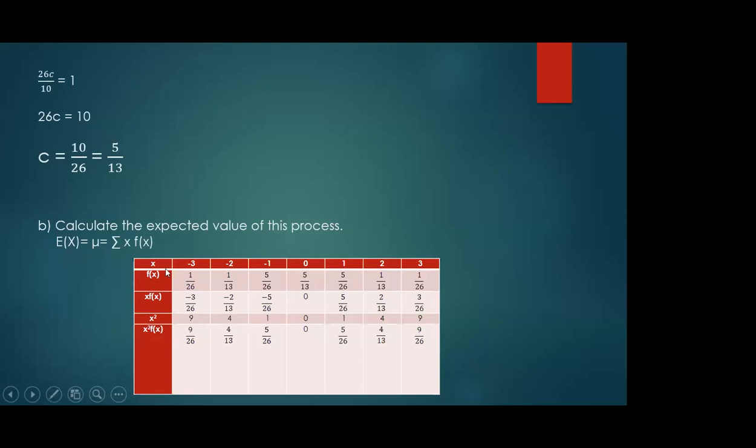And that's where we get f of x is 1 over 26, then 1 over 13, 5 divided by 26, 5 divided by 13, 5 divided by 26, 1 divided by 13, and 1 divided by 26. Now, B is asking us to calculate the expected value of this process. And based on our formula, we know the expected value is asking us for the mean, which is equal to the sum of x times f of x.